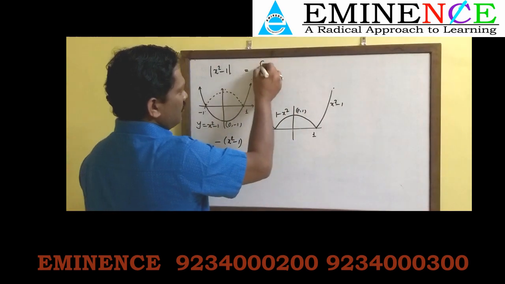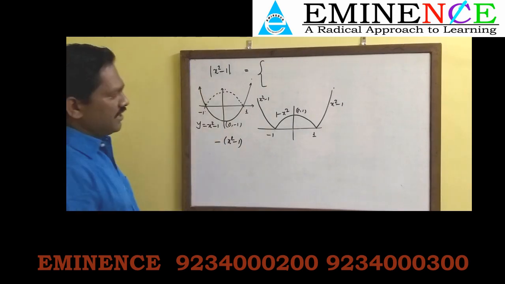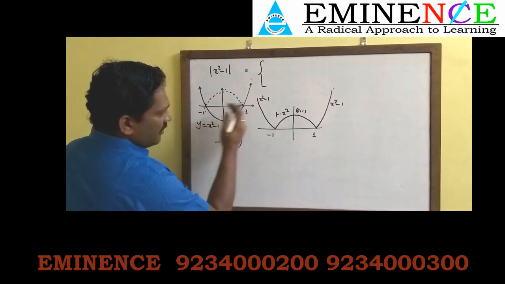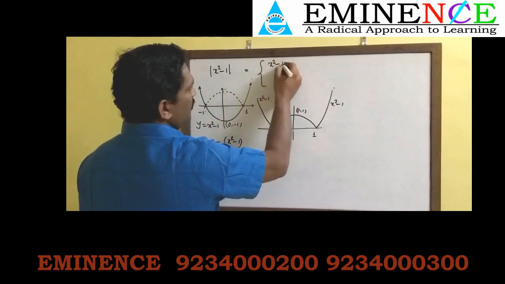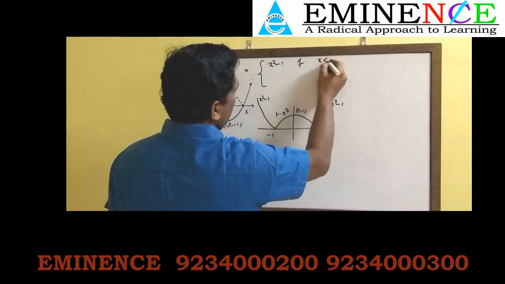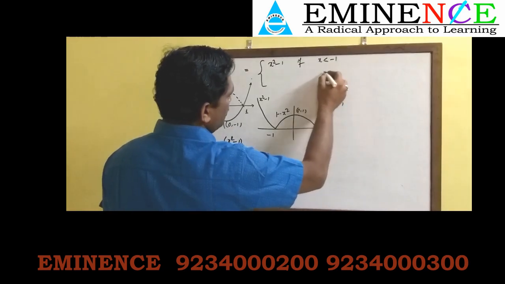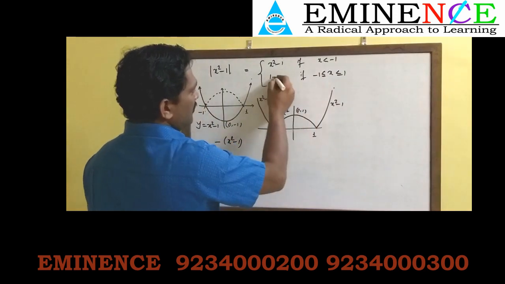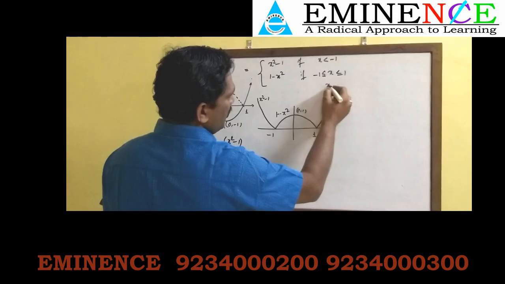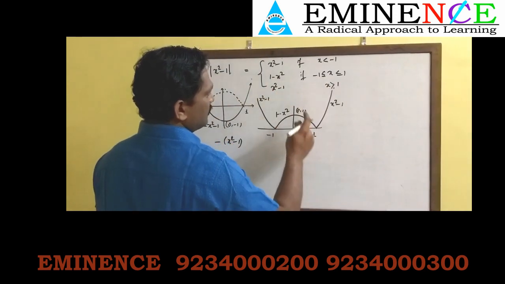Now you write down the definition. So what will we write for modulus of x square minus 1? To the left of -1, it follows x square minus 1, that is for x less than -1. Between -1 and 1, it is 1 minus x square, or for x greater than 1 we get x square minus 1.